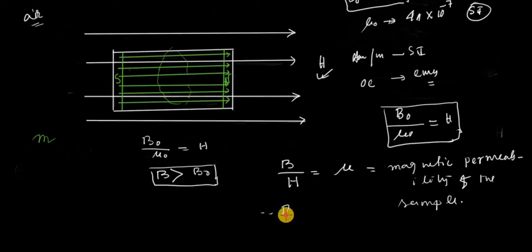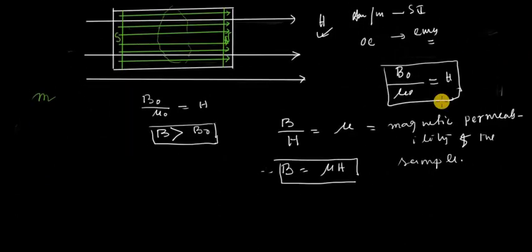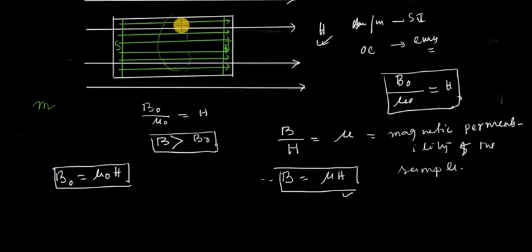Then we have B is equal to mu into H. Initially we have B0 is equal to mu 0 into H, but now B is equal to mu into H. So initially the number of lines of force at this region in absence of the material is B0 per unit area, which is given by mu 0 into H. But now the lines of force within the sample, total lines of force, that is original magnetic field lines of force plus the material's own lines of force, increase.